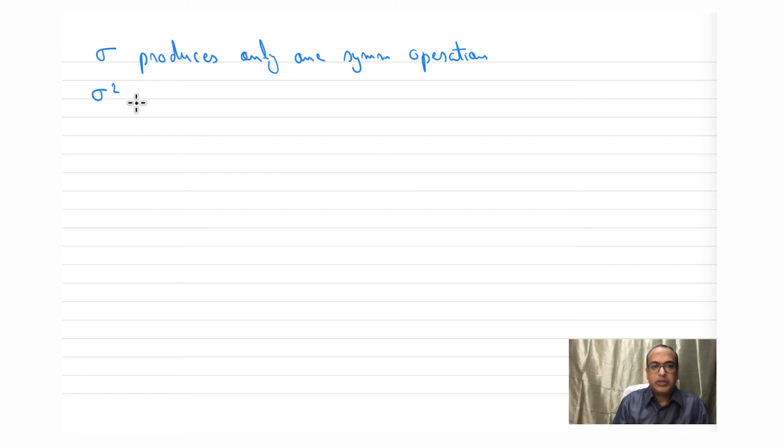Because if you do two sigmas, sigma squared, this will be equal to E, because the molecule will go back to an identical configuration, right? In other words, sigma raised to the power n will be equal to E if n is even, and will be equal to sigma if n is odd.